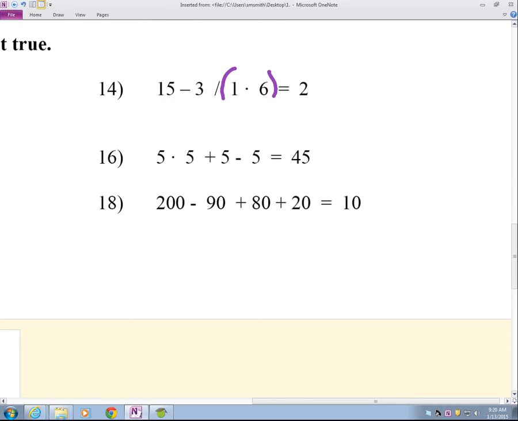1 times 6. Okay? So now we have 1 times 6, and I would rewrite it like this: 15 minus 3 divided by 1 times 6. So now we have 15 minus 3 divided by 6.